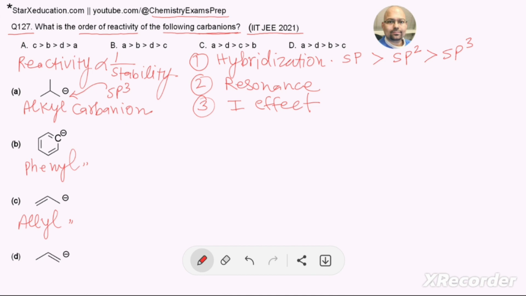Now the question is, why are some carbanions sp2 hybridized while the others are sp3 hybridized?